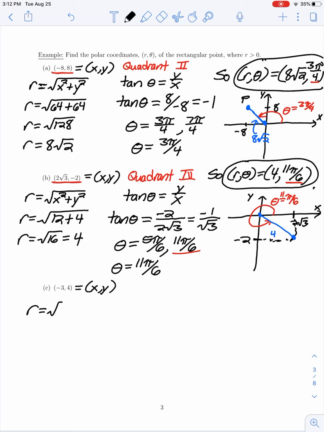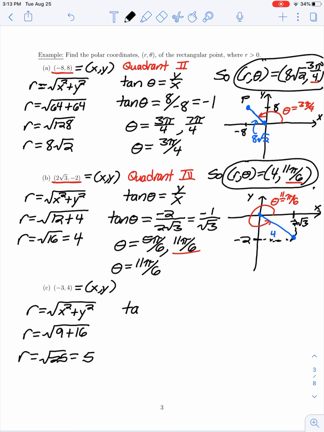So to find r, we're taking the square root of the sum of x and y squared. So we would have r is the square root of negative 3 squared, which is 9, plus 4 squared, which is 16. So we have r is the square root of 25, which would be 5.